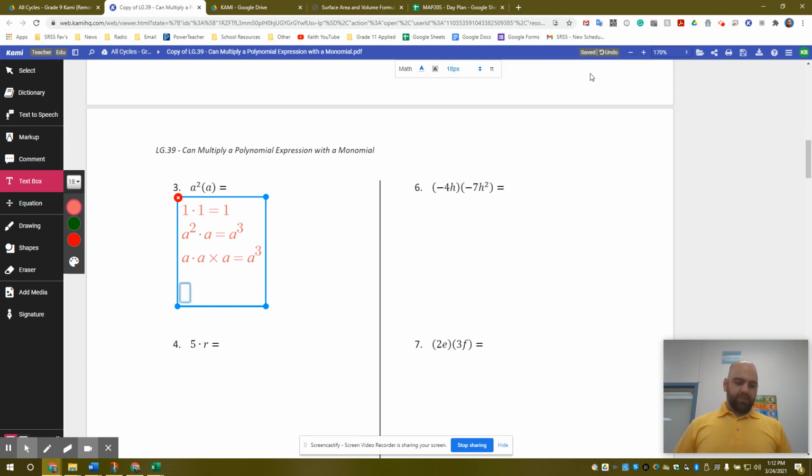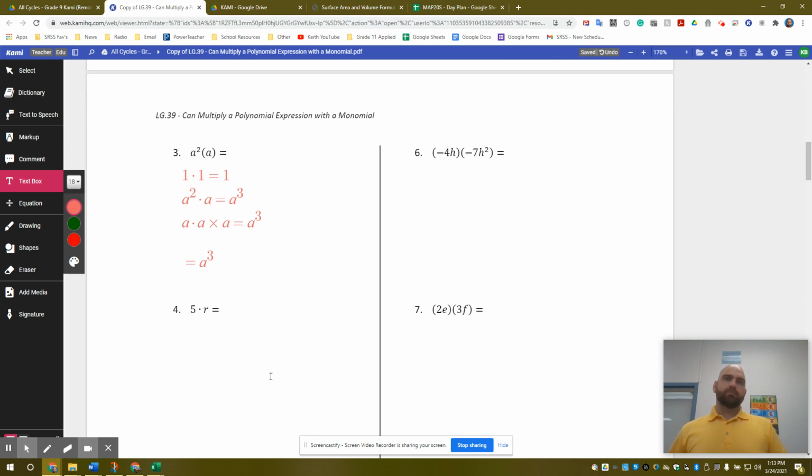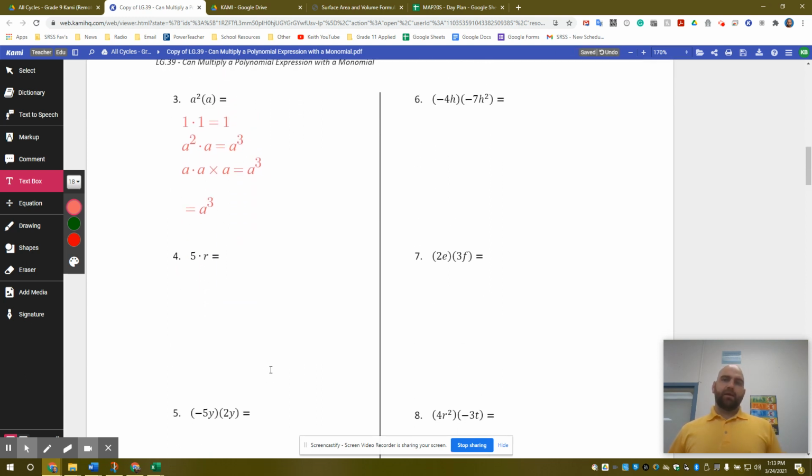And 1 we don't actually have to write in there, but the a cubed we will. We're just going to write it as a cubed. And that would be our final answer. Let me put the equal sign in front so we know that that's our final answer. Okay, so that's if we have 2 letters and if one has something bigger than a 1 for the exponent.